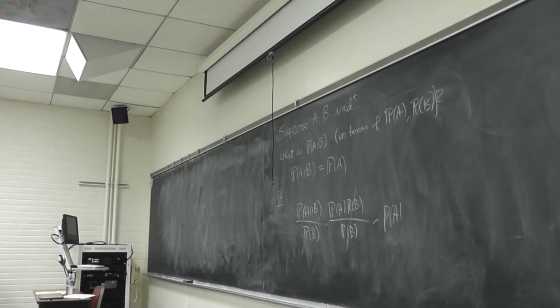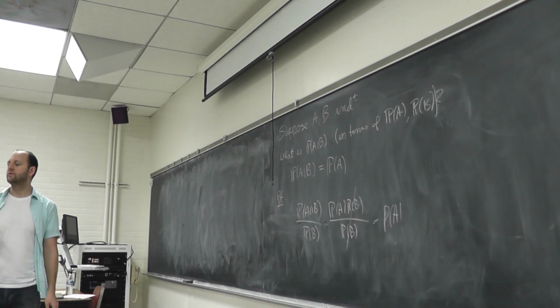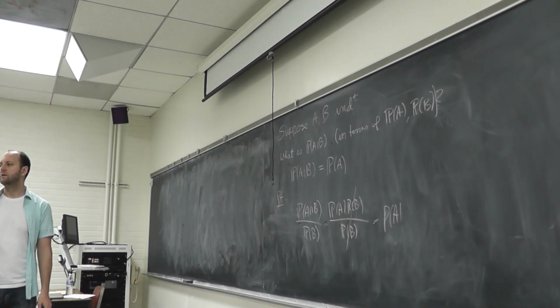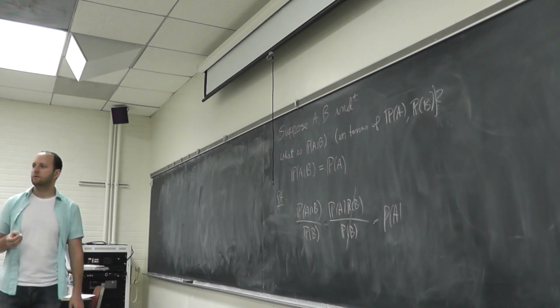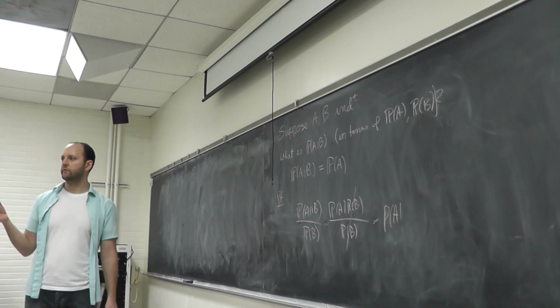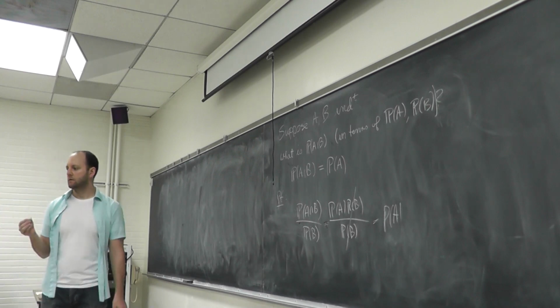When he gave us the definition of independence for n events in class, he said it must hold for all subsets of size k, for 2 ≤ k ≤ n. Why is it 2?